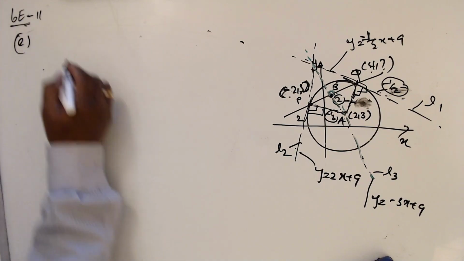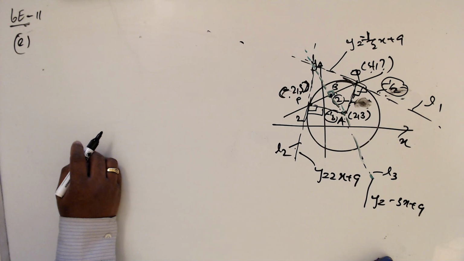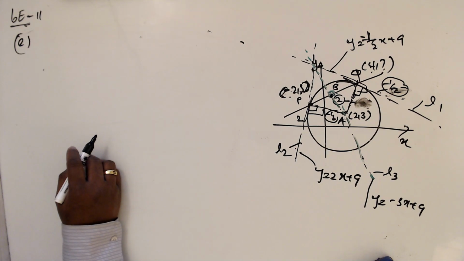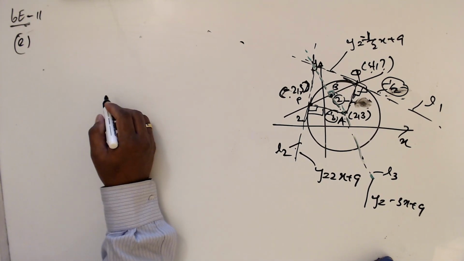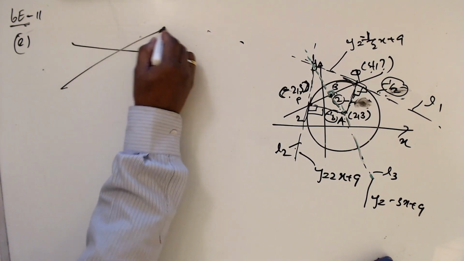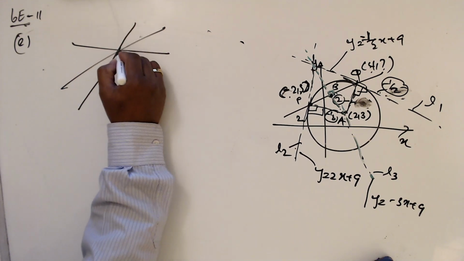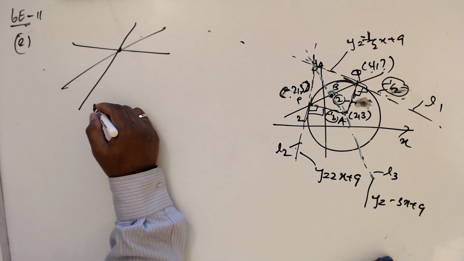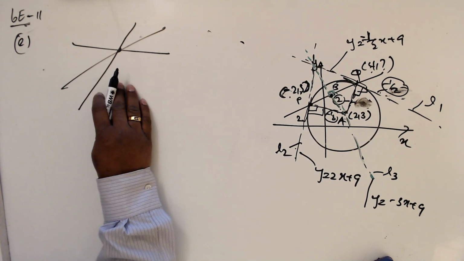Now the last part. Show that the two tangents and the perpendicular bisector intersect in a single point. Now, 3 lines intersect in a single point. To show this, what can we do?